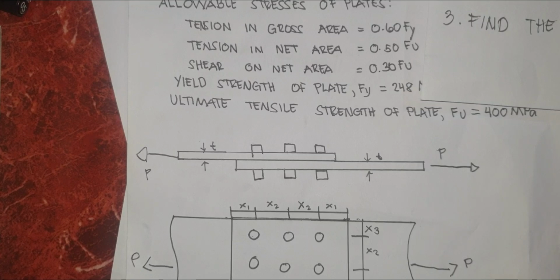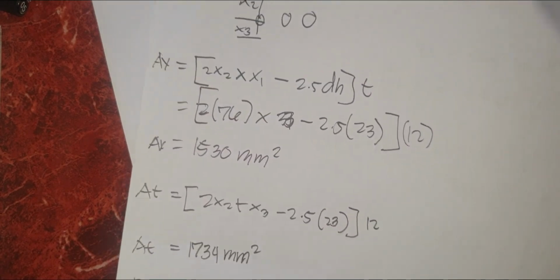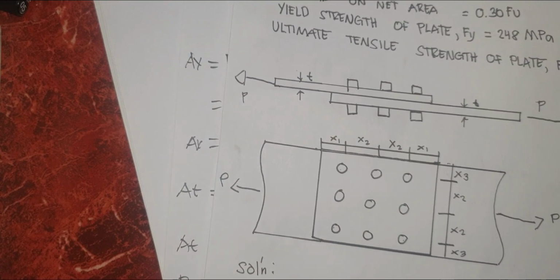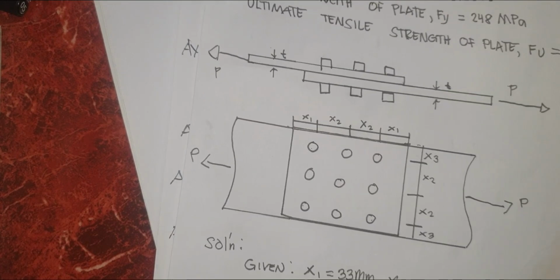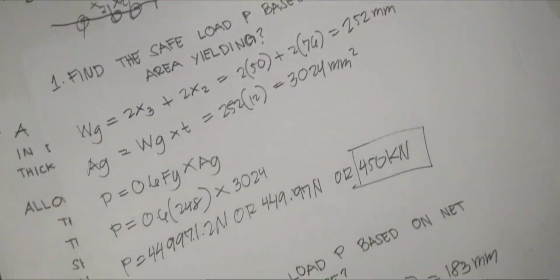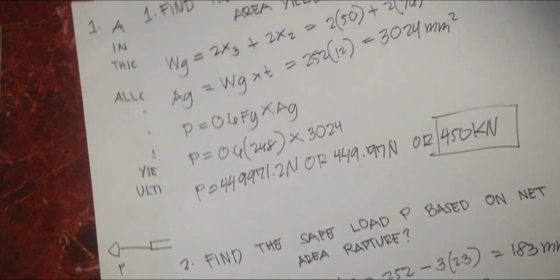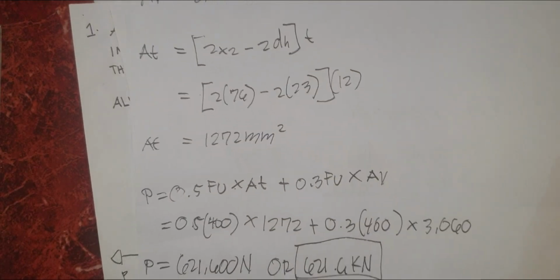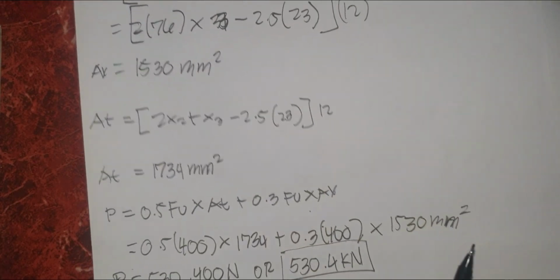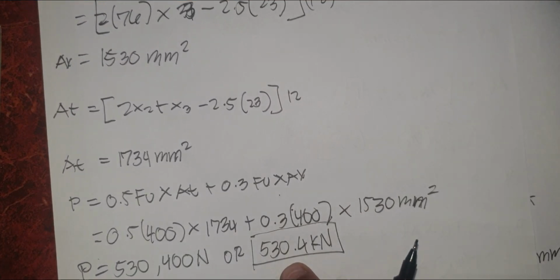So the lesser the load is, the more safe. Part 1 is 621.6 and part 2 is 530.